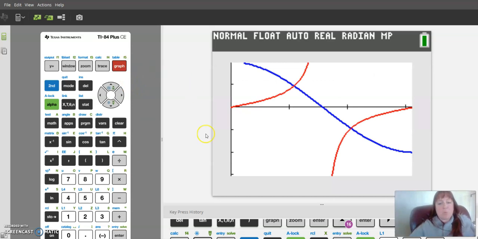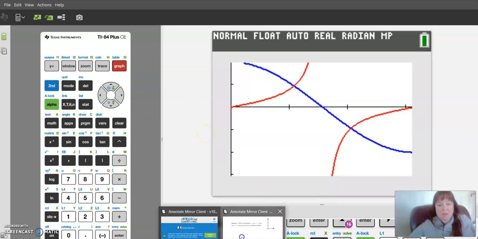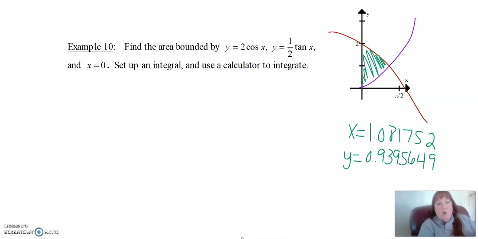Okay, so we're going to figure out the area of this region. First things first, we're going left to right, because our representative rectangle goes this way. Scanning left to right, our top curve is the red one and the bottom curve is the other one. So we have the integral from a to b, left to right.